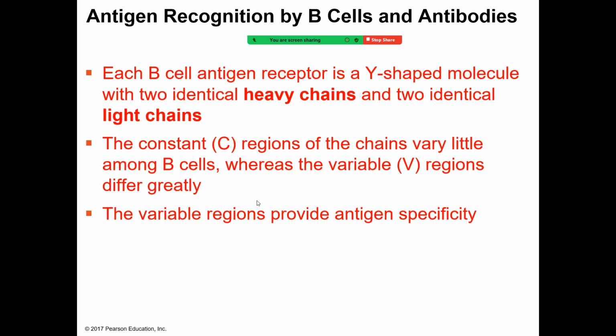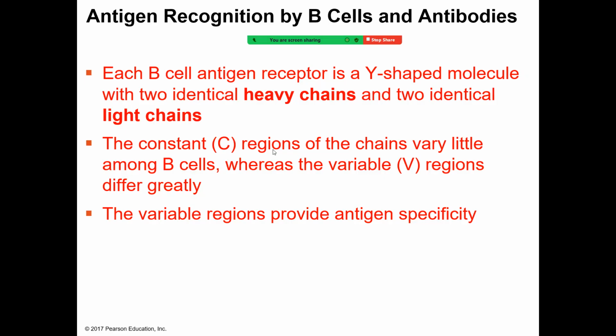So when we look at this up close, we can see that not only are there heavy and light chains, which are polypeptides or proteins, but there also are regions that are described as constant regions and variable regions.